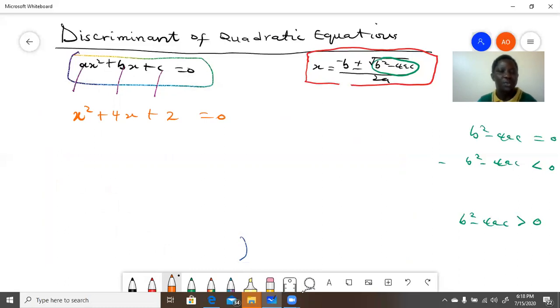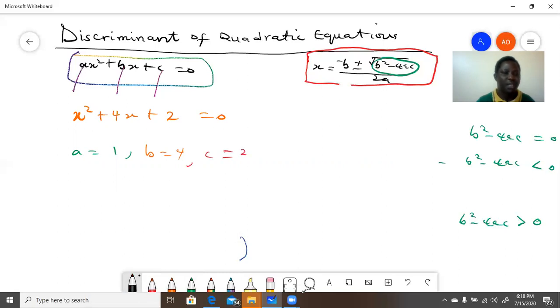If we compare this, our a will be 1, our b will be 4, and c will be 2.